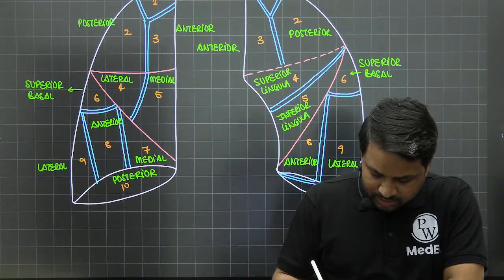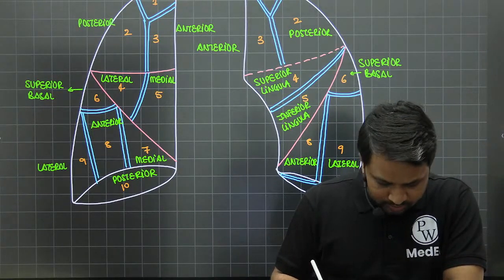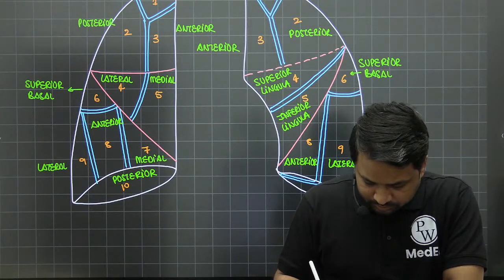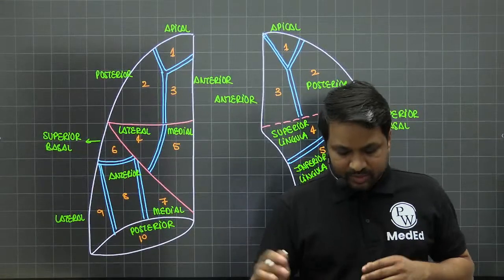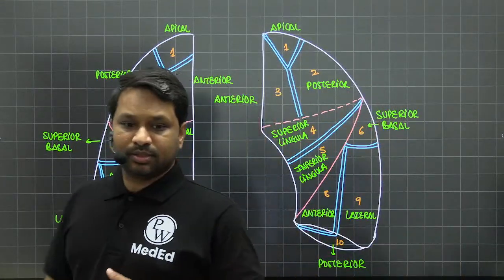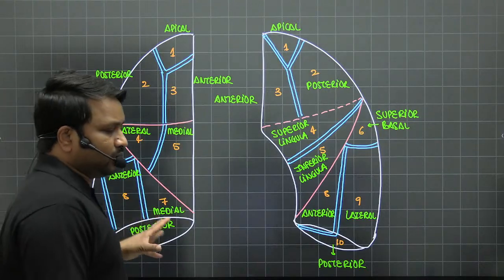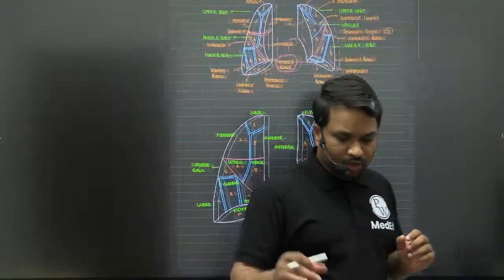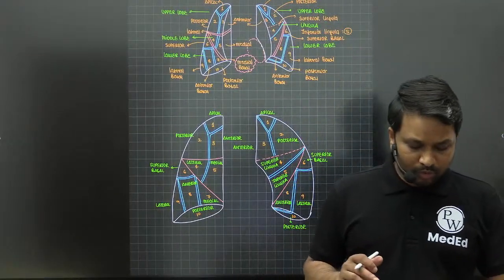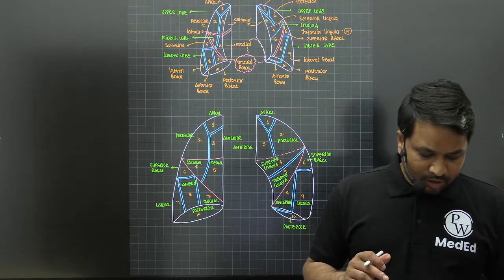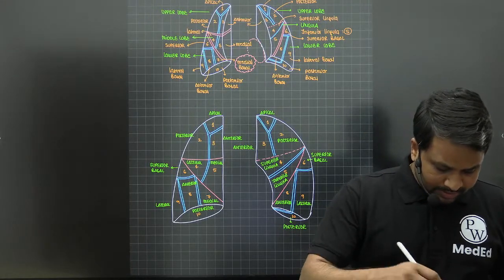And 10 happens to be your posterior basal. Okay? So this is how you divide your entire lungs into 19 bronchopulmonary segments.